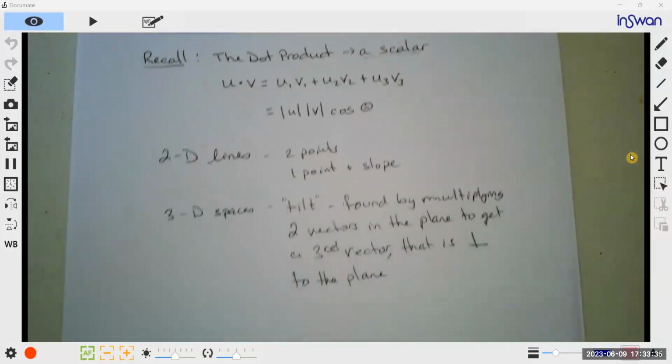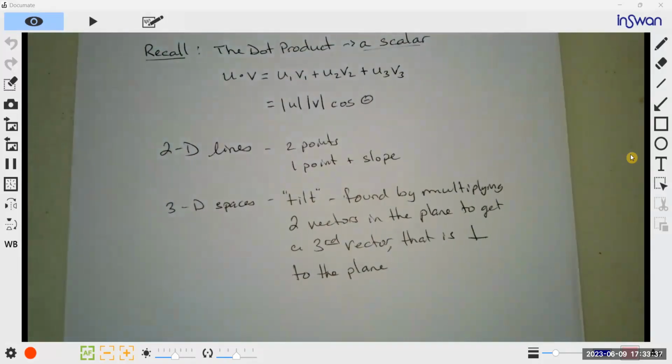So we need 2 vectors to be on a plane, any two-dimensional vectors anywhere. What we have to do is go through the process and find something that's going to be called normal or orthogonal to it.